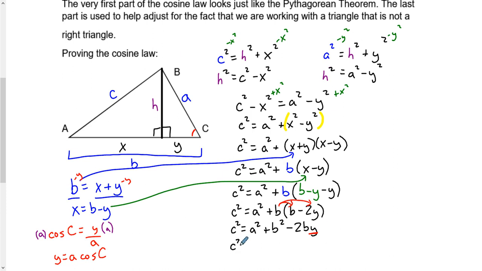So c squared will be a squared adding b squared, subtracting 2b, the y is, I'll just use red, a cosine of c. And the last thing I like doing is just trying to write things alphabetically. The b and a, 2ab, multiplied by the cosine of c. And that is our formula.